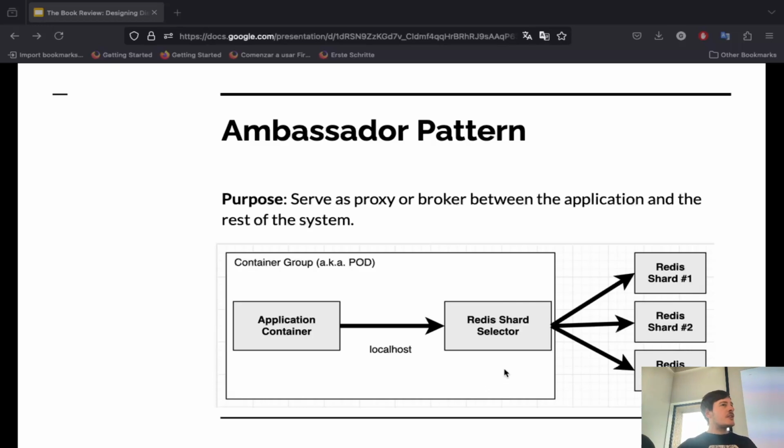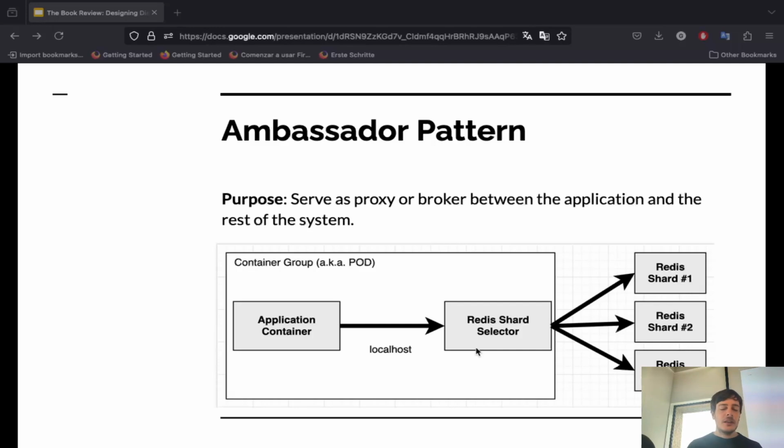So it's certainly valid to do it like this, but it's also valid to do it as an external service, right? To have a load balancer, and the load balancer selects the appropriate shard. So it's not entirely clear when to select one or the other.